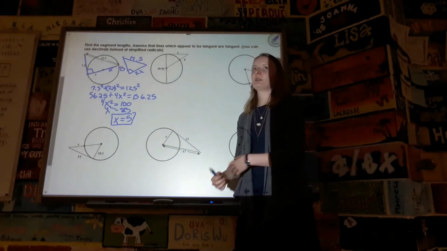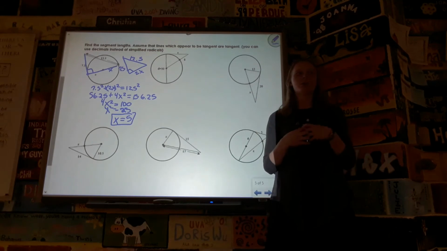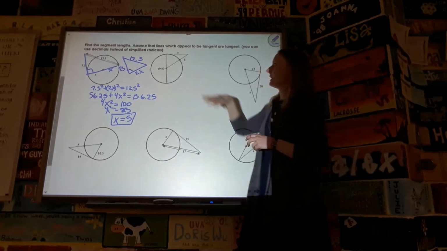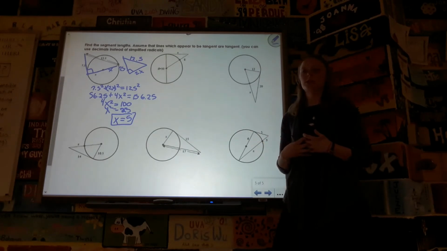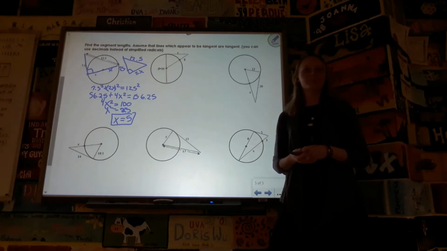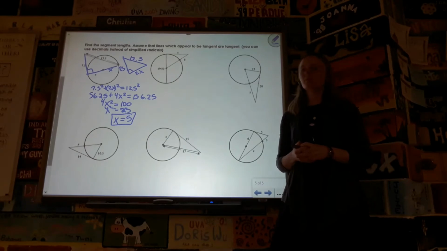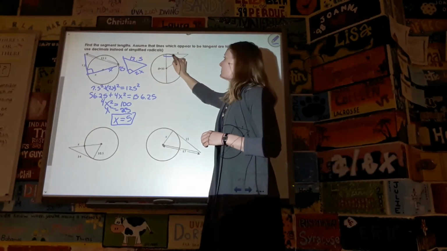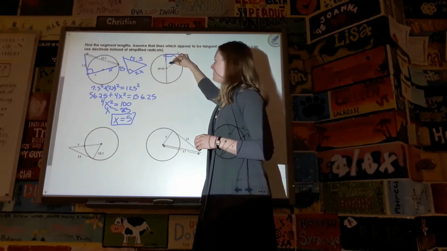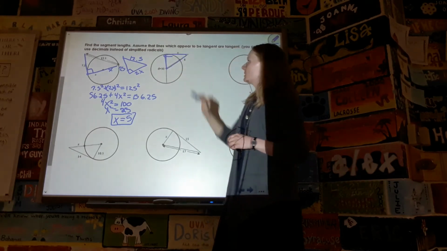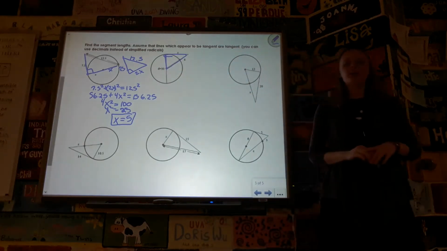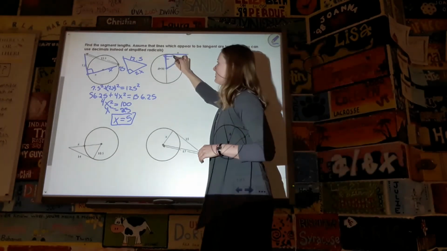Alright, so really what we're doing is we're just boiling down the information to a right triangle. Try again here. Which one of these segments are we going to conjecture as a tangent? X. And then it's coming to meet the radius here at a 90-degree angle, right? So this blue shape right here is the shape we're going to be working with, the right triangle.